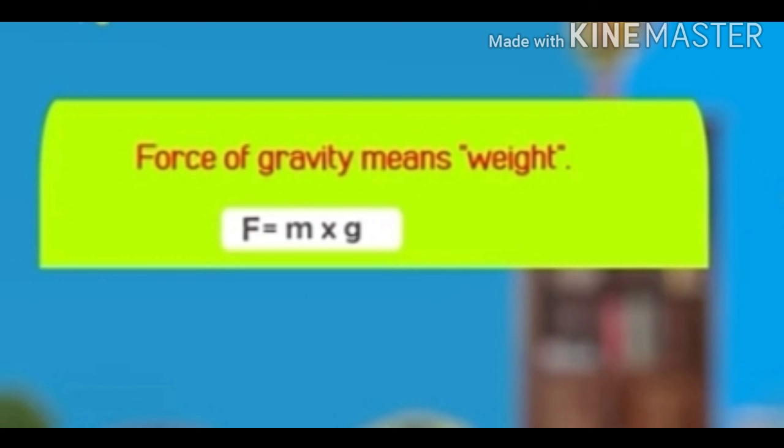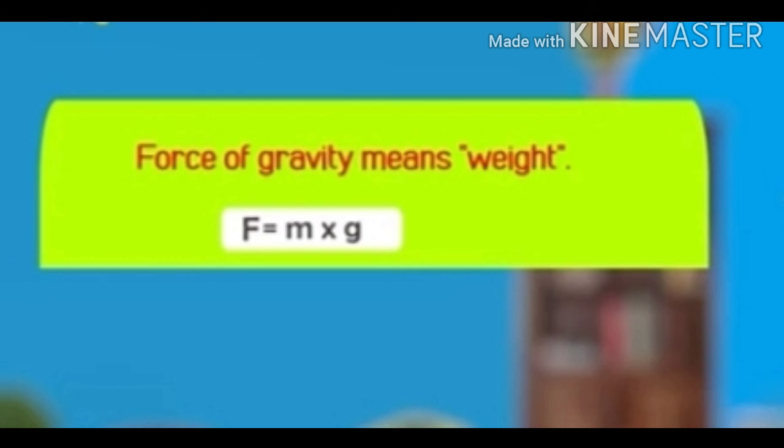Force is represented with F and we represent the weight with capital letter W. So we can replace capital letter F with W, because the force of gravity means the weight.